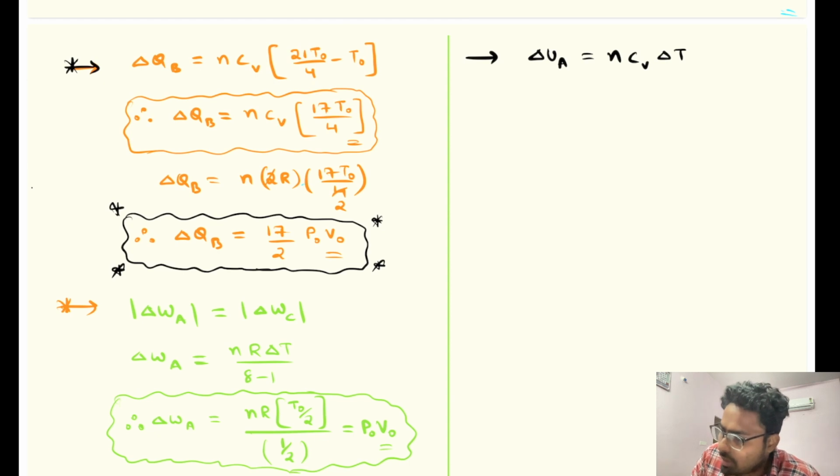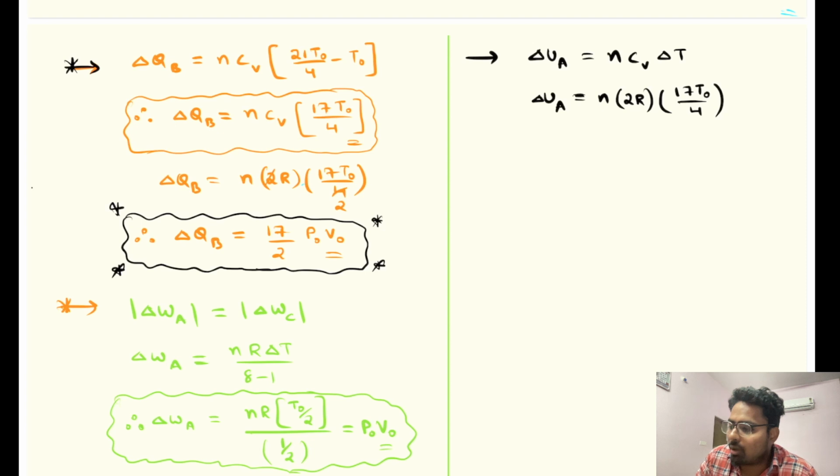So therefore the change in internal energy in compartment A is nothing but n into Cv, which I have also found. Cv is nothing but 2R, into delta T. Delta T is 17 T naught by 4. Then this will be 2 times.